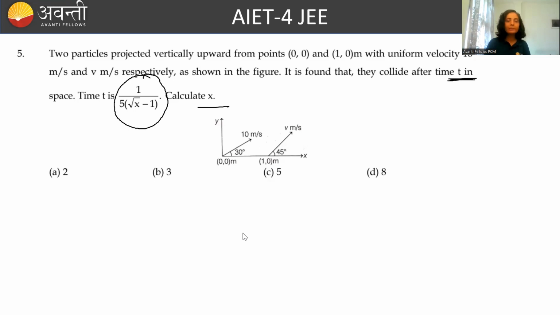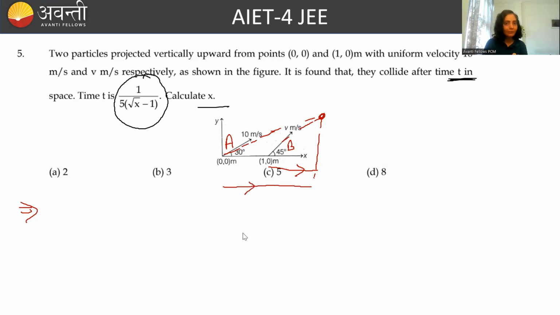So we will use the concept of relative velocity to solve this question. Just see here, suppose these two particles meet somewhere here. Let's call them A and B. If they collide here, then B has traveled this much horizontal distance and A has traveled this much horizontal distance.